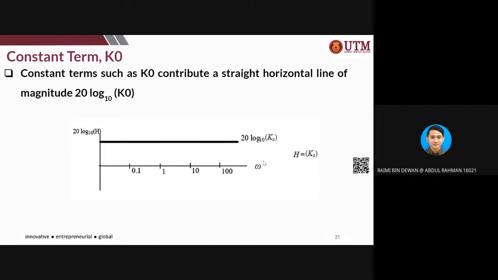The entire omega. If you see here, this is our semi-log scale. You can see it is in multiples of 10. Here is 0.1, times 10 you have 1, times 10 you have 10, times 10 you have 100, and times 10 you have 1000.